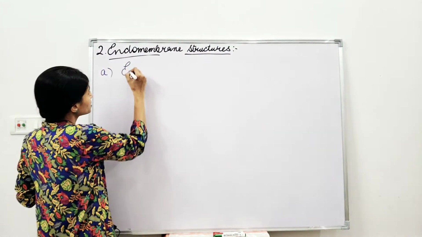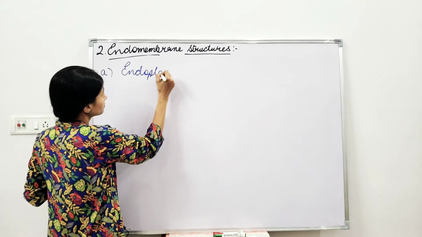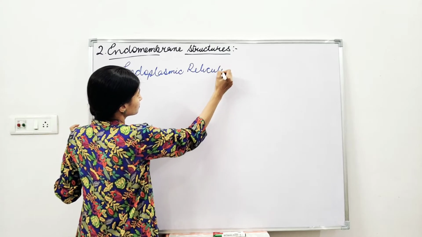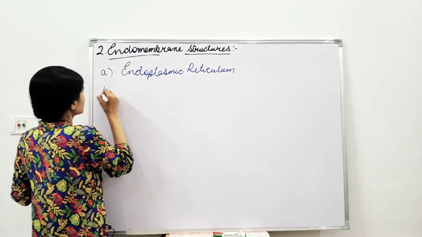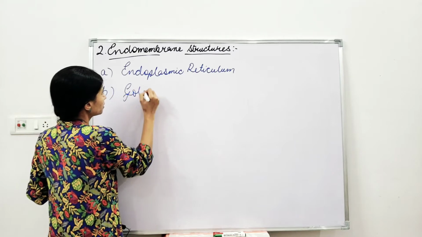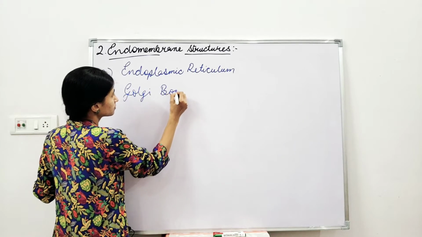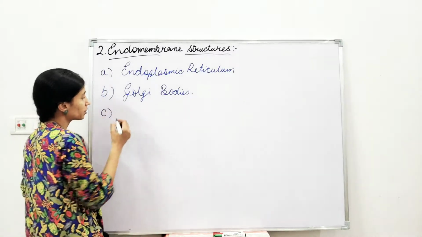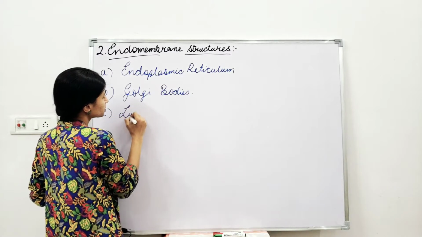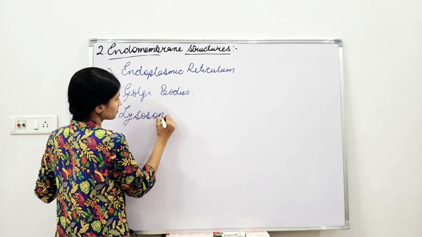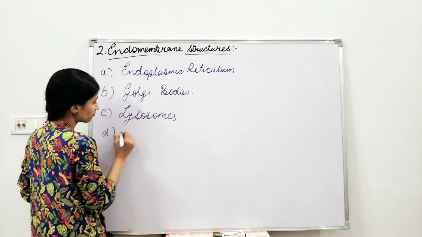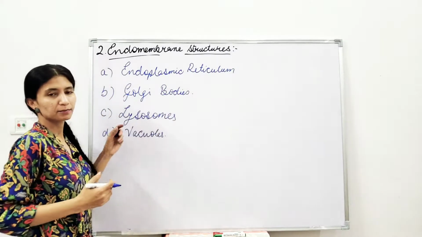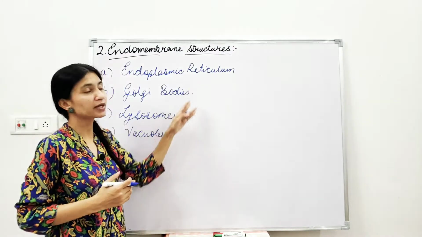The first one is the endoplasmic reticulum, second, Golgi bodies, also called Golgi apparatus or Golgi complex, you can name it any one of them. Then next are lysosomes, and the final one is vacuoles. So these are the 4 organelles which are part of the endomembrane structure.